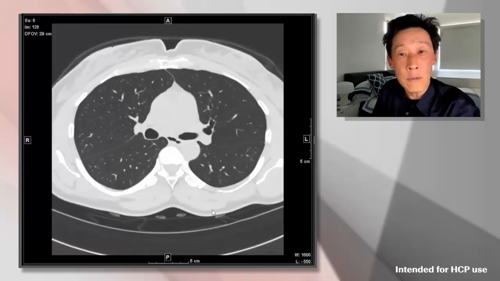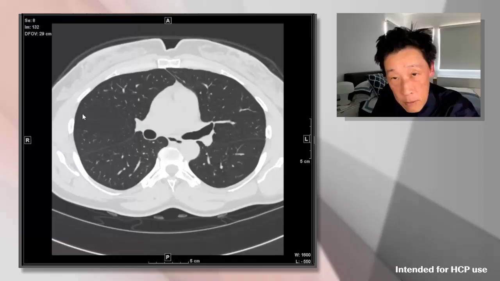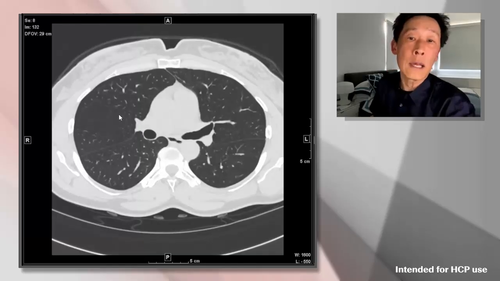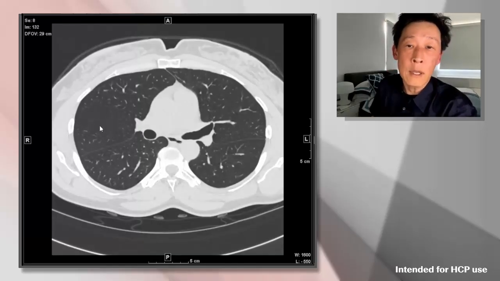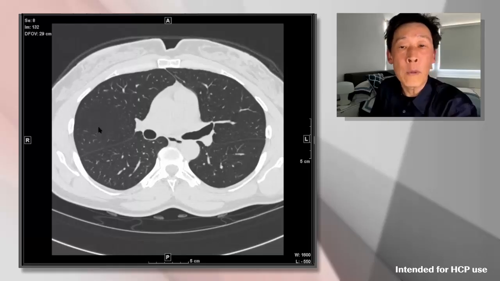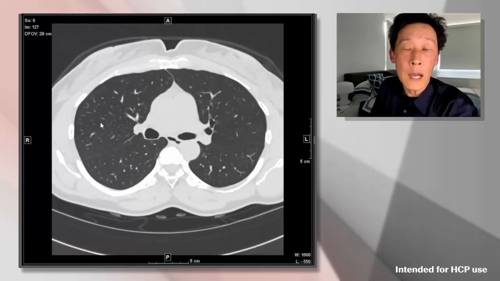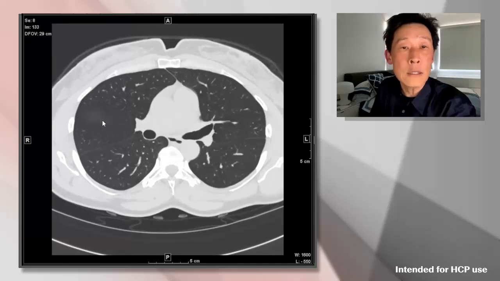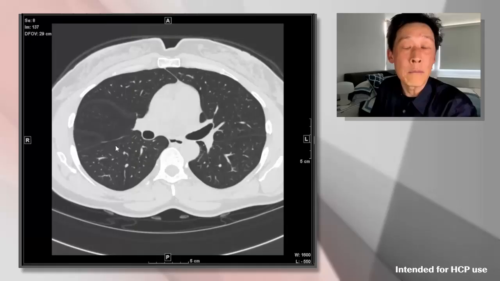As we move more inferiorly, we can see an area here that's devoid of markings. This is where we pass from the right upper lobe across the right minor fissure into the right middle lobe.